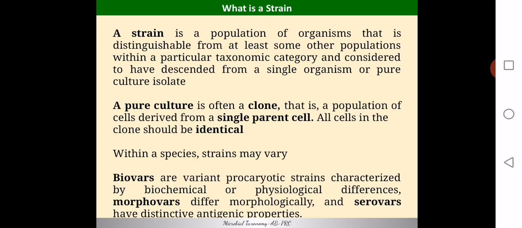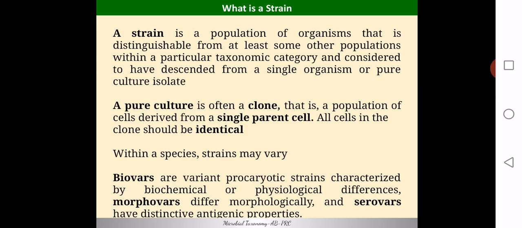And within a strain, you can see variants like morphovars and serovars. In general, biovars are variant prokaryotic strains characterized by biochemical or physiological differences. This is the general term used to denote the different organisms within a strain, right?